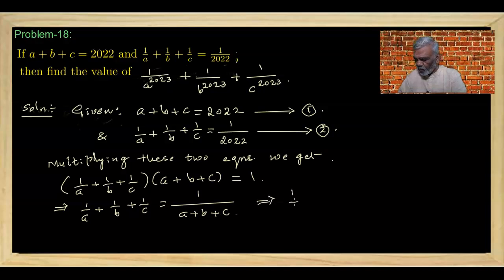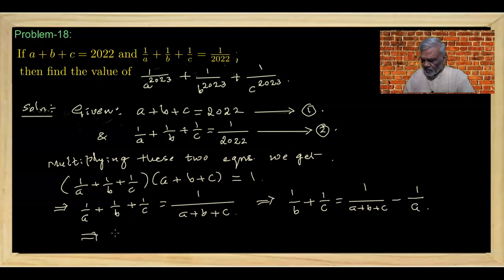And this implies, let me write down, 1 by b plus 1 by c equal to 1 by a plus b plus c minus 1 by a.